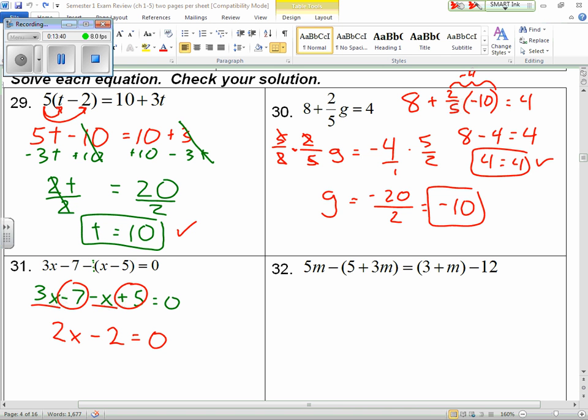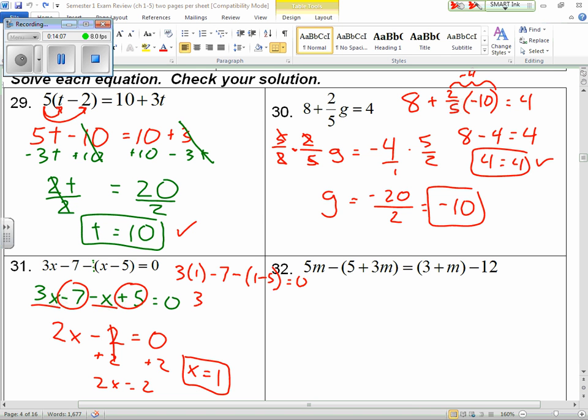Okay. Add 2. We get 2x equals 2. That means when you divide by 2 on both sides, x should be equal to 1. So let's check it. Is 3 times 1 minus 7 minus 1 minus 5 equal to 0?